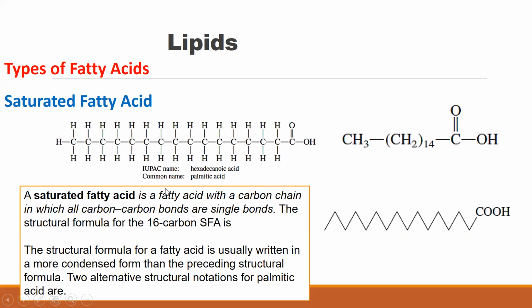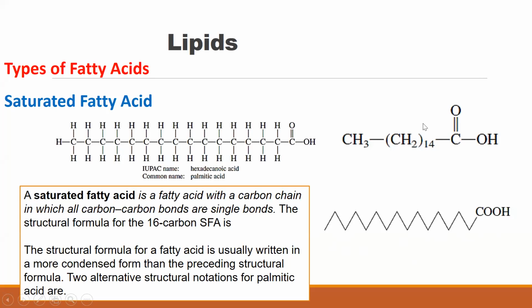And the structural formula for fatty acid is written in a more condensed form than this one. So you can rewrite this one as a zigzag structure. You've learned that in your organic chemistry. No, you can show all the bonds using the Lewis structure. Or you can use the zigzag structure like this one, or you can use the more condensed form.